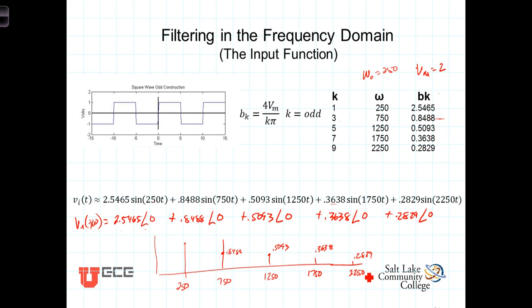So this is how we represent the input spectrum.